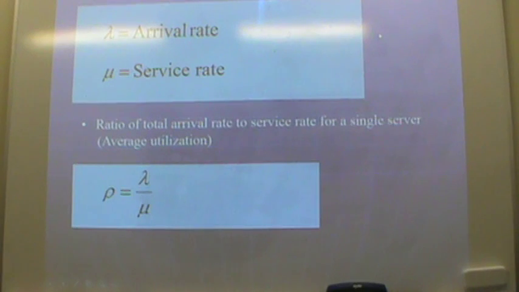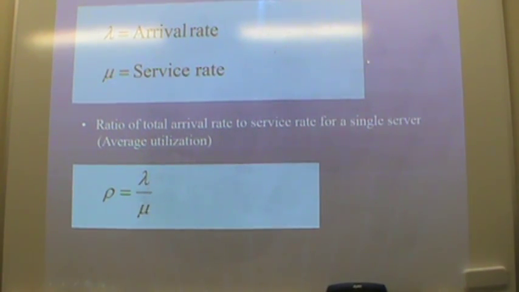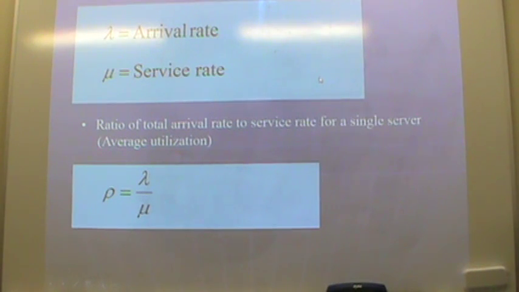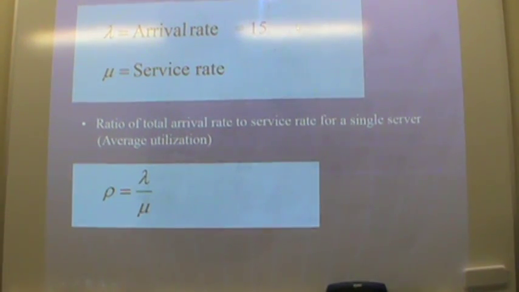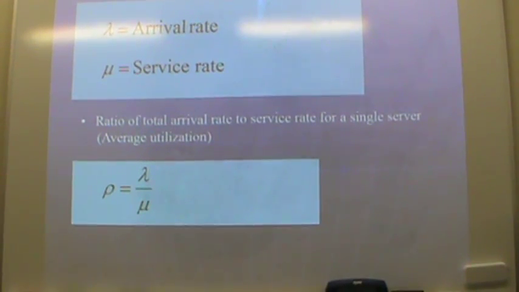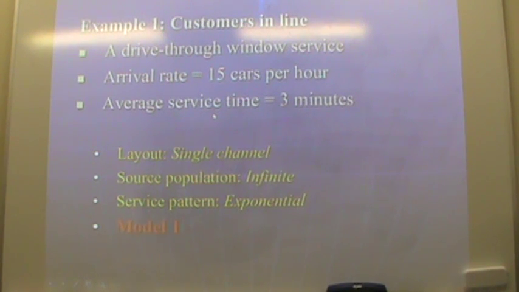The arrival rate is how many customers in a certain time. This one uses hour as the time unit. Arrival rate is 15 per hour. Service rate: average service time is 3 minutes.